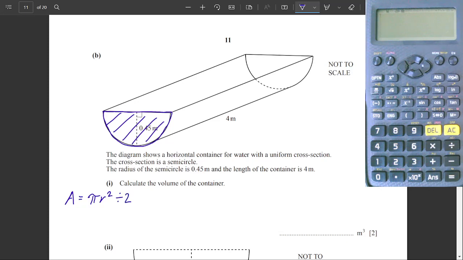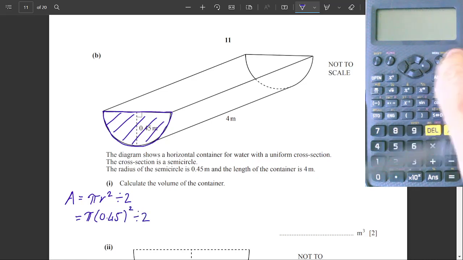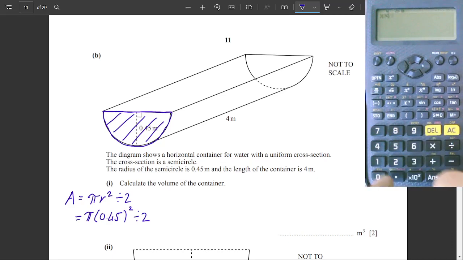A semicircle is just half of that. This semicircle's got a radius of 0.45, so it will be pi times 0.45 squared divided by 2. Let's hammer that in. Right, so that will give us 0.318, etc. meters squared, of course.